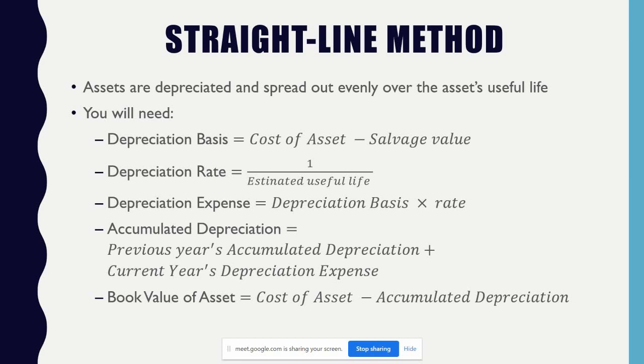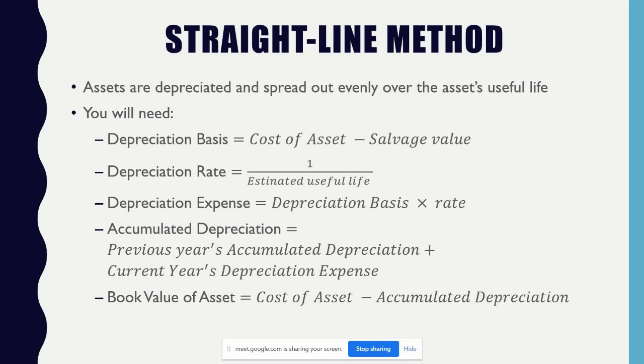The depreciation rate is similar to double declining because it's 1 over its estimated useful life. However, since you're only doing it once and not twice, it's only 1 divided by the estimated useful life. There's no times 2.